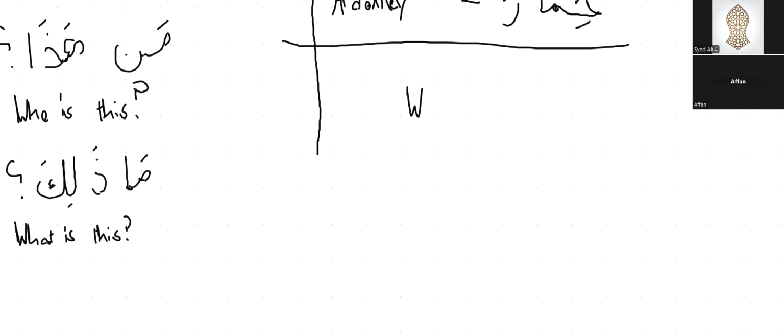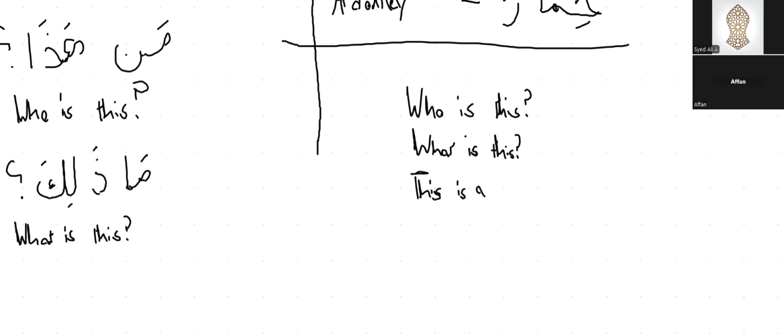Who is this? What is this? This is a man. This is a horse.